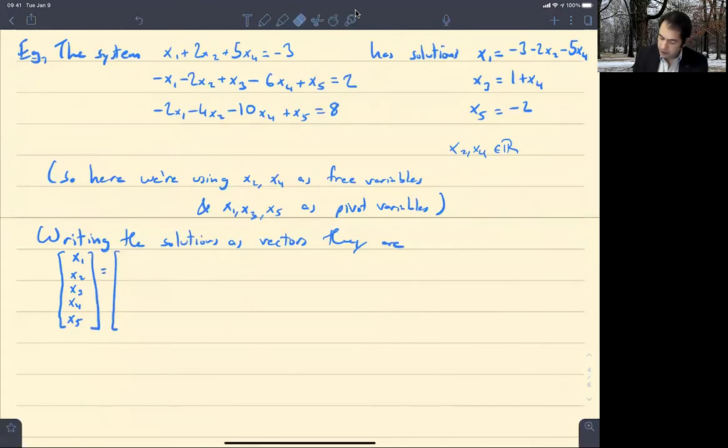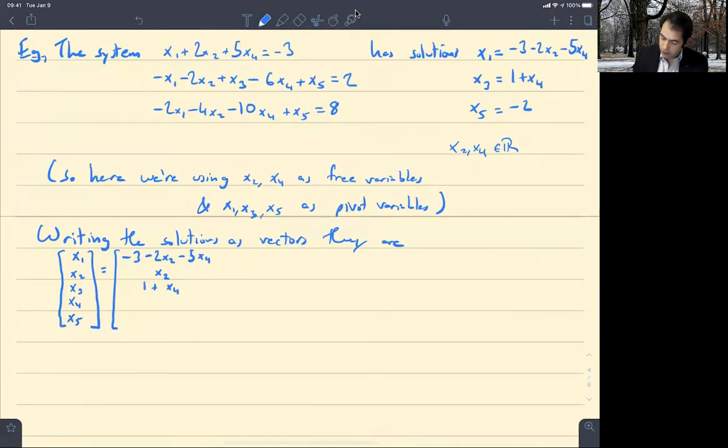Okay, now x1 I can write as -3 minus 2x2 minus 5x4. x2 is a free variable, so it's just x2. x3 is 1 plus x4. x4 is a free variable, so it's just x4. And x5 is -2.